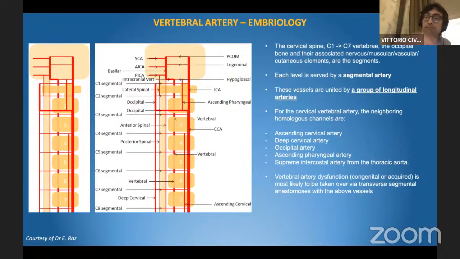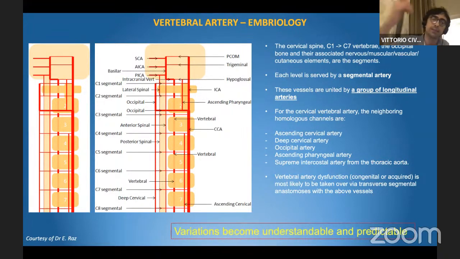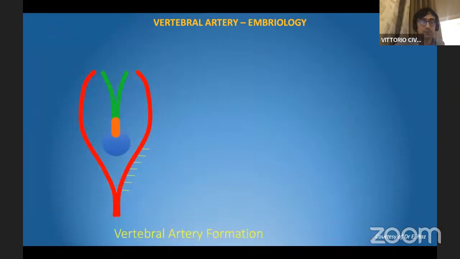And so any vertebral artery dysfunction, whether congenital or acquired, is most likely to be taken over by this transverse segmental anastomosis of the Abrahamian vessels. And so the variations become very understandable and predictable. And this is a representation scheme.